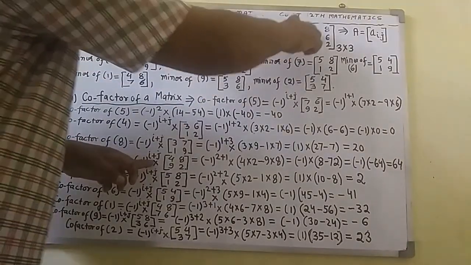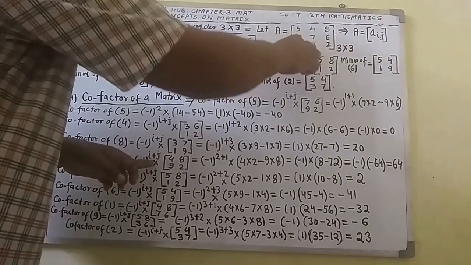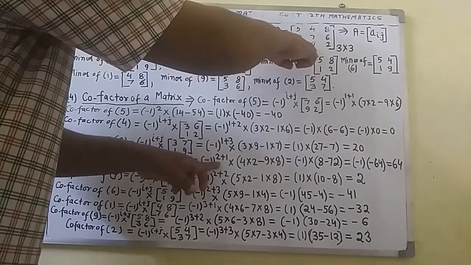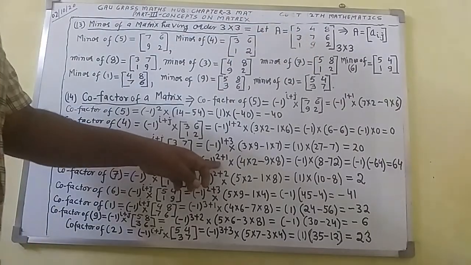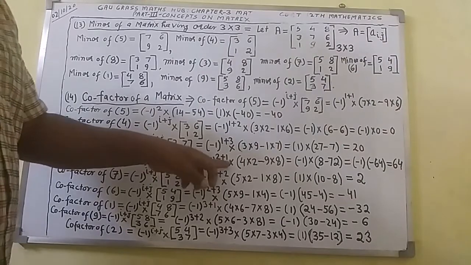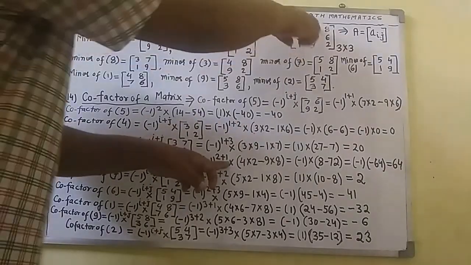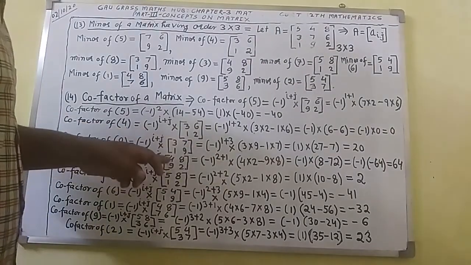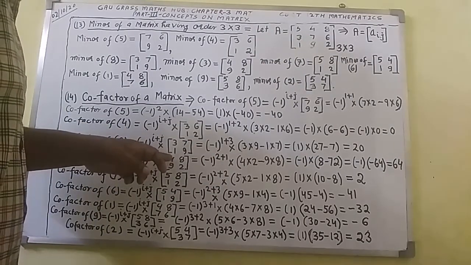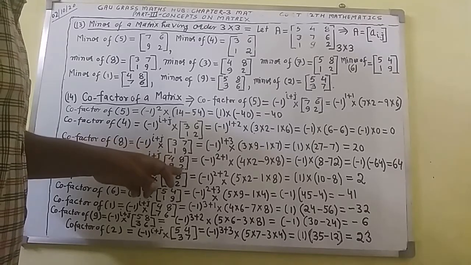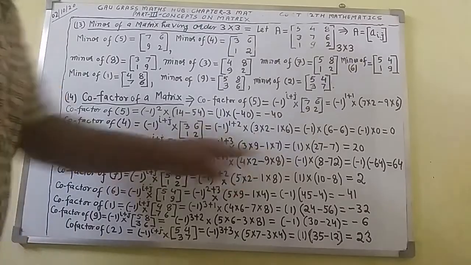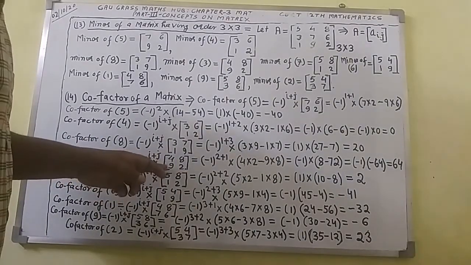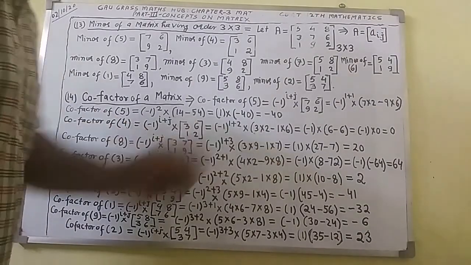Here you can see first row, second row. So 3 is there in the second row. For the second row, we will write here 2. And 3 is there in the first column. For the first column, we will write here 1. So this into, and the principal diagonal elements will be multiplied first. 4 will multiply with 2, so 4 into 2, minus the reverse diagonal elements multiplied thereafter: 9 will multiply with 8.